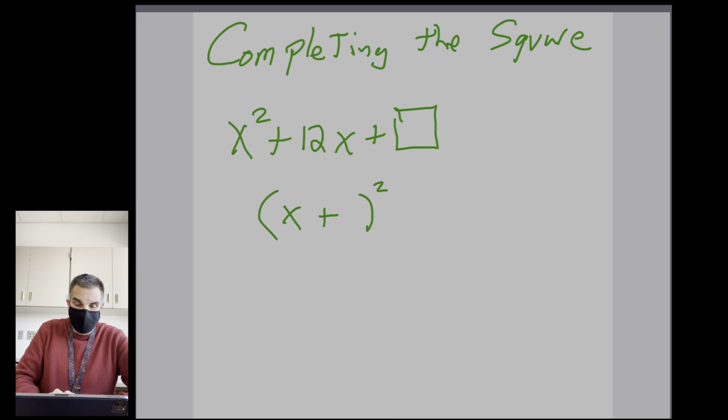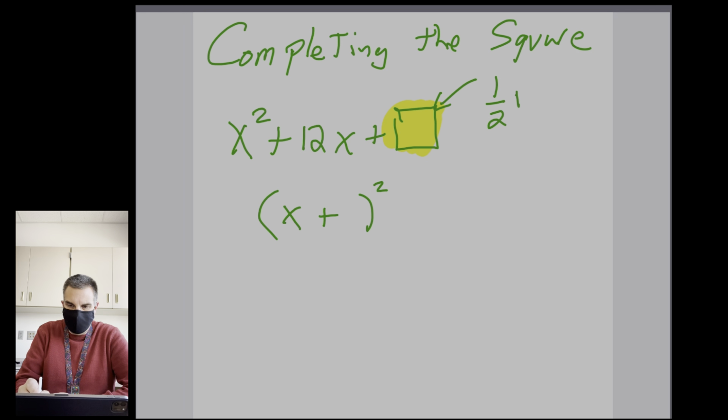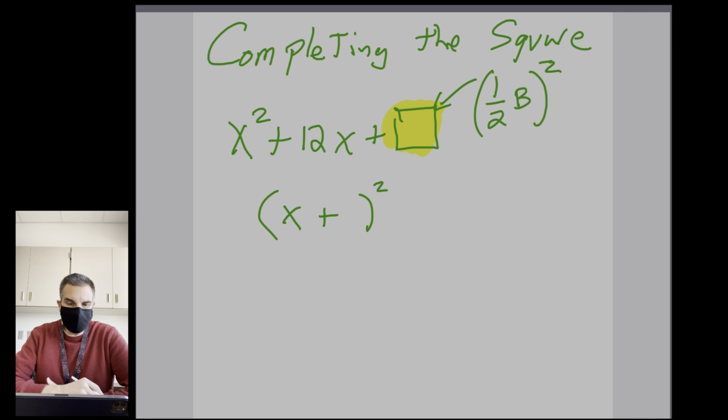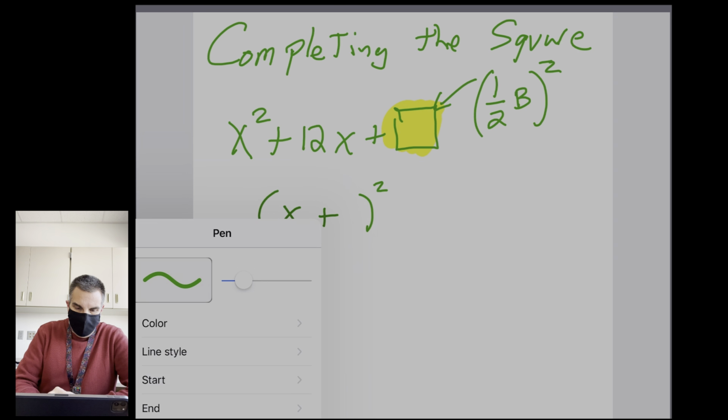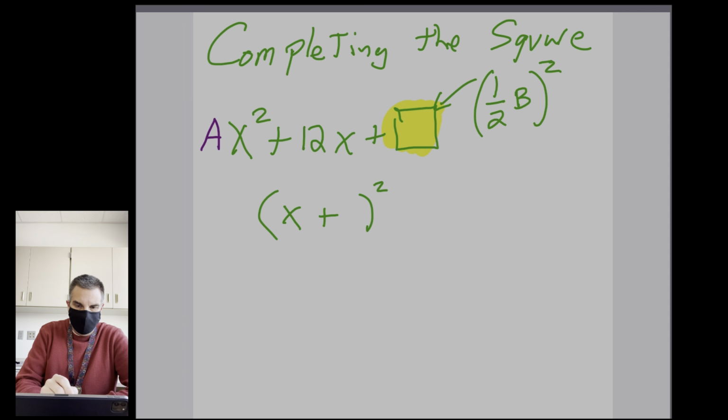And how we decide what goes in kind of this box right here. We're filling this box in right here, so we're going to add something in to fill this box. This box is done by taking 1/2 of your b value and squaring it. Now remember, this is our a value right here, what's out front. This is our b value right here.